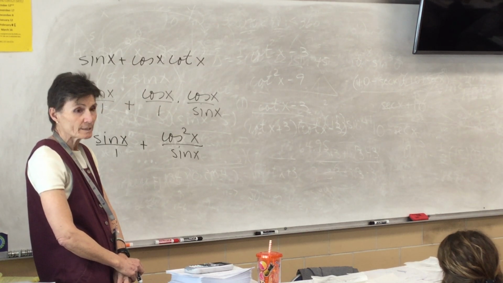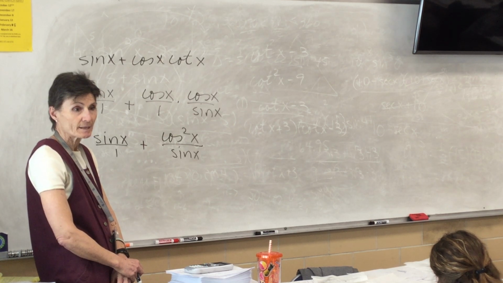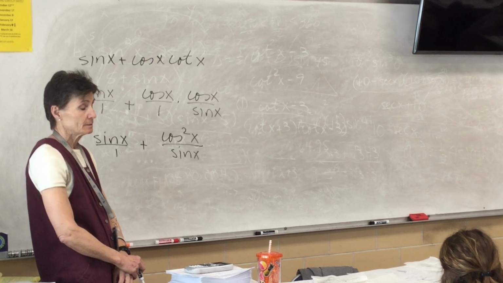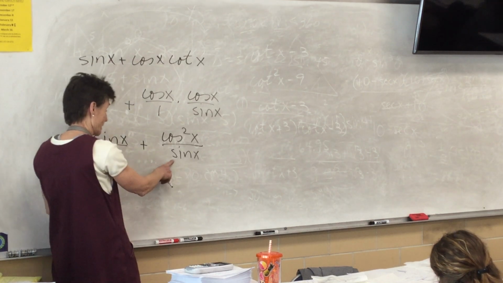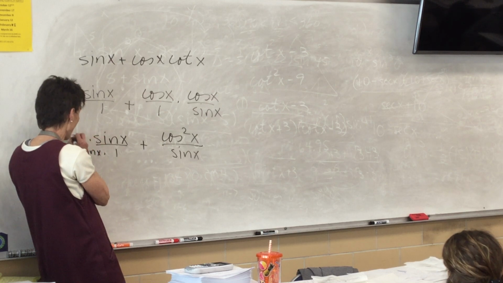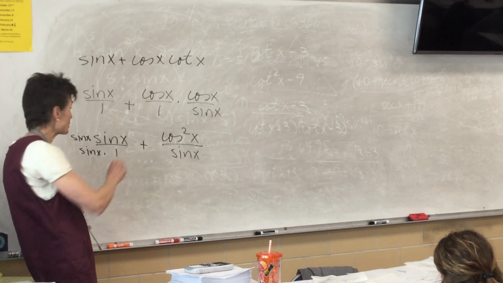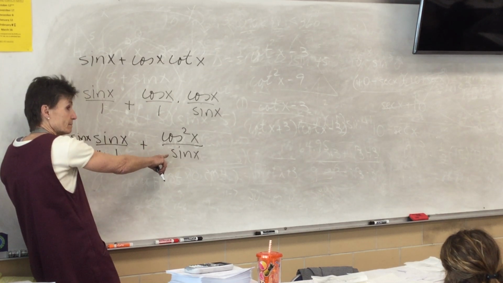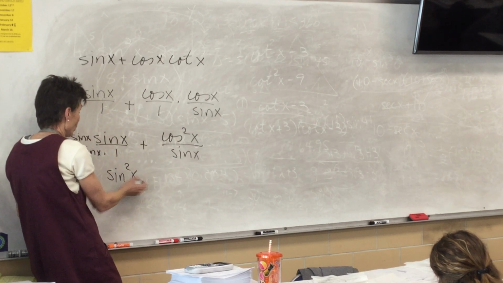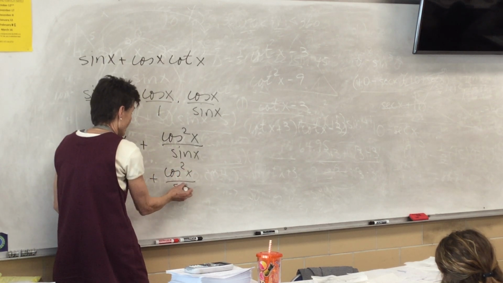Now, what am I going to do with that? Get a common denominator. Two fractions added. What's my common denominator? So this one needs to be multiplied top and bottom by sine. This one needs nothing. It already has what it wants. So now I've got sine squared over sine plus cosine squared over sine.